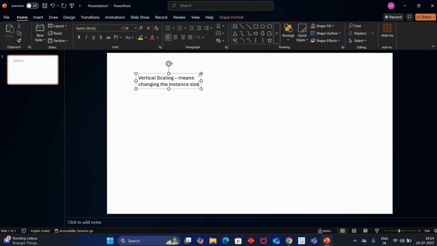So changing the size of the instance. That means increasing or decreasing the capacity. Okay.